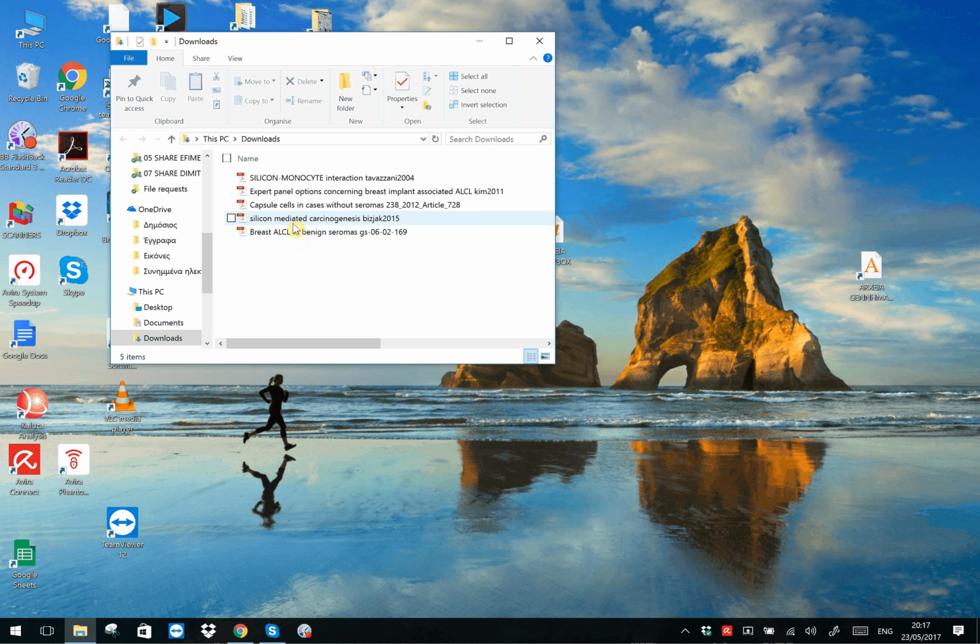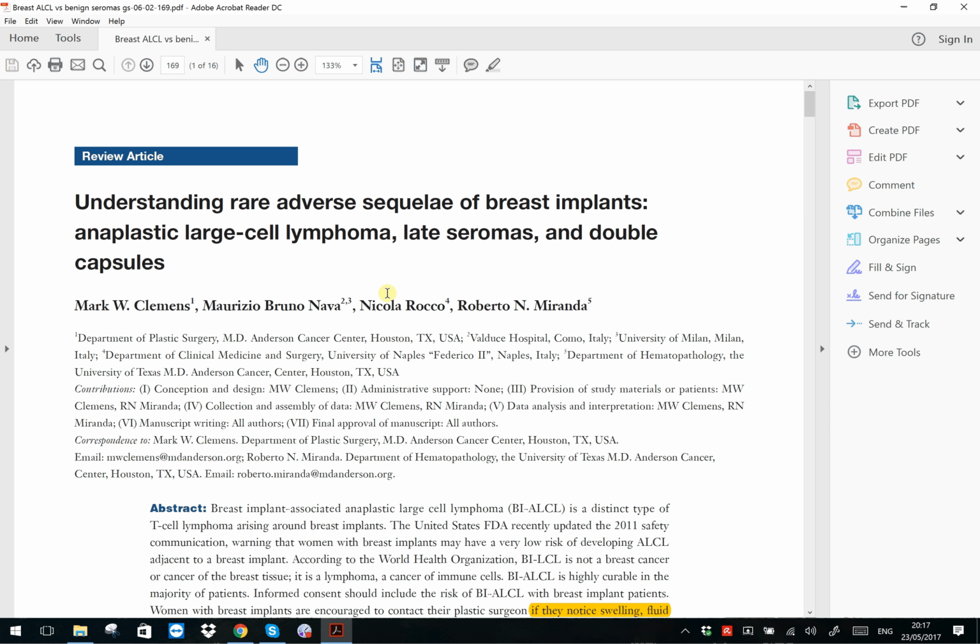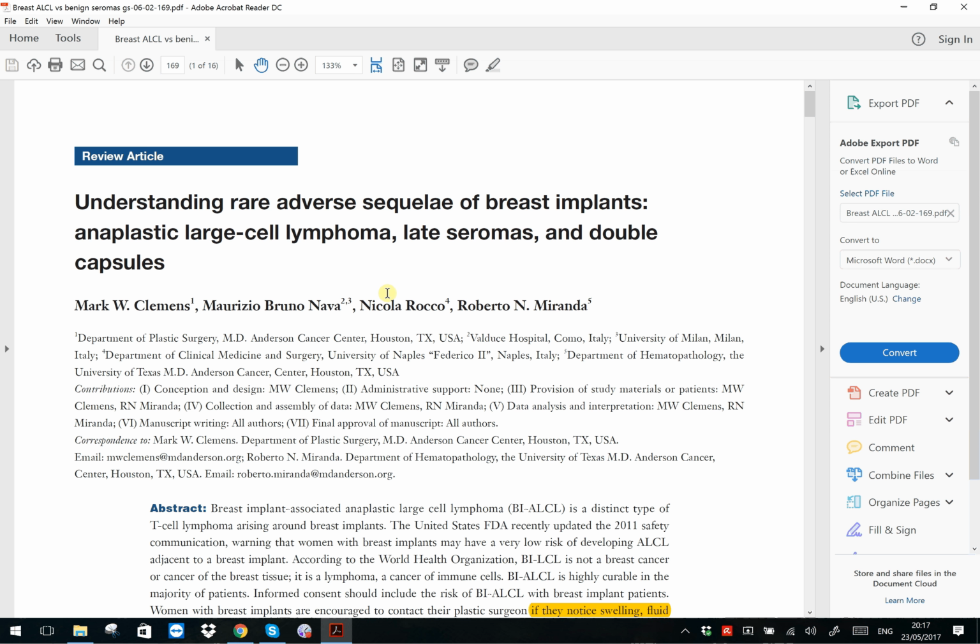cases of breast implants, it was observed several years ago that there are rare adverse sequelae, and one of these neoplasms arising was anaplastic large cell lymphoma, which is an option that is provided among the others.